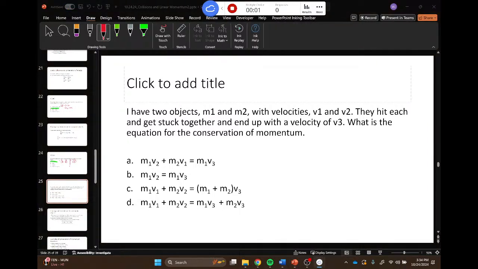Conservation of momentum is very much a build your own equation, just like conservation of energy. Is it m1v2 plus m2v1 equals m1v3? Is it m1v2 equals m1v3? Is it m1v1 plus m2v2 equals parentheses m1 plus m2 v3? Or is it m1v1 plus m2v2 equals m1v3 plus m2v3?